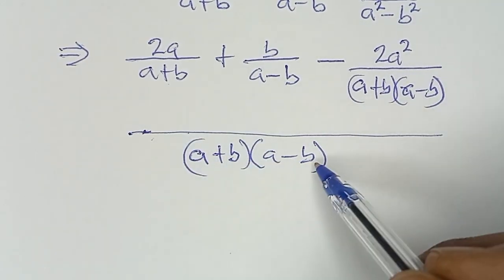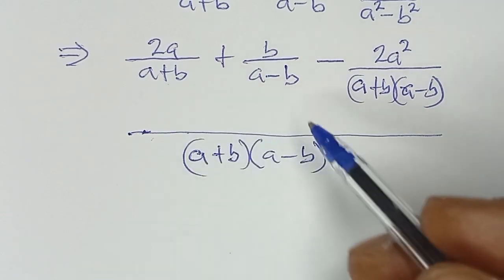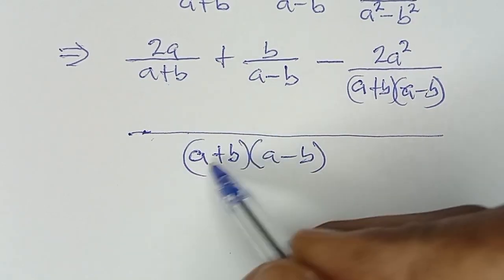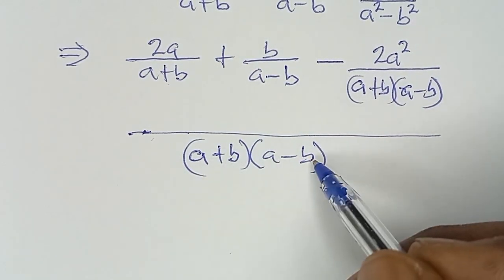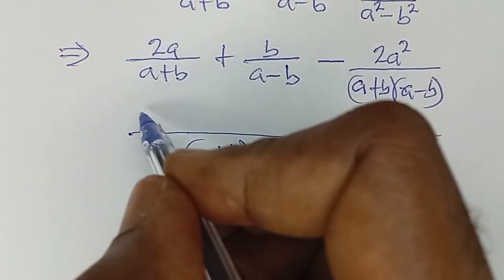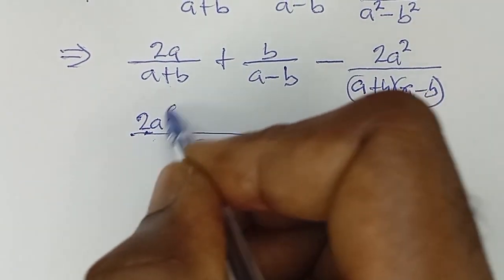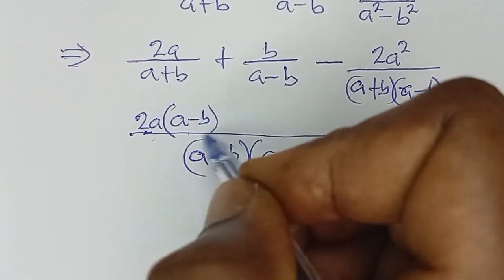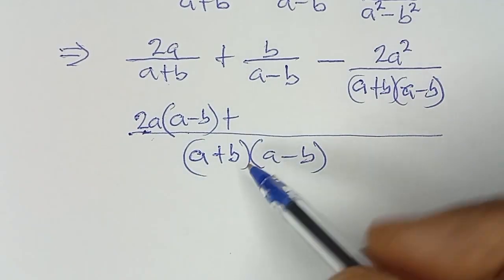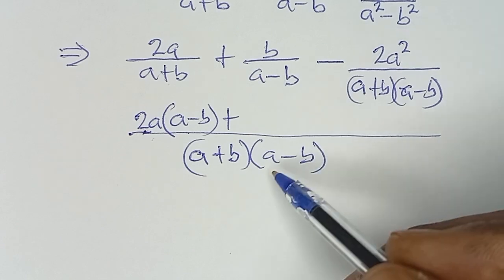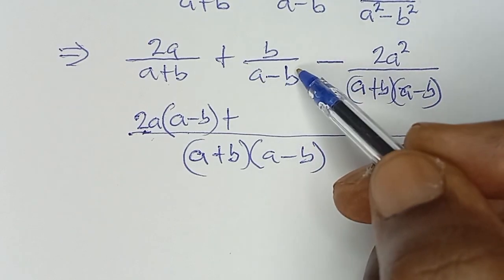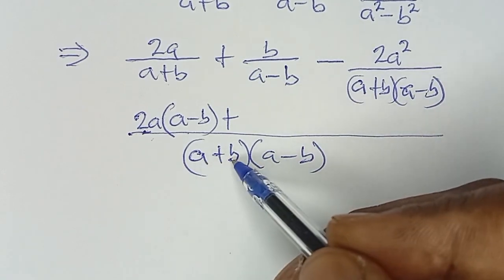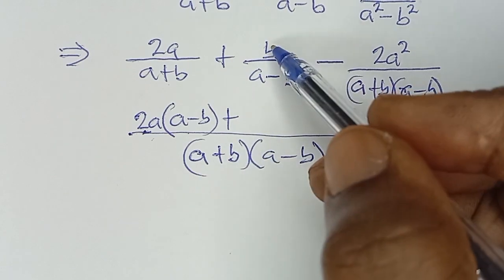So this divided by this, the a plus b will cancel a plus b, and we'll be left with a minus b. So multiply by 2a. So 2a multiplied by the a minus b that it gave us, and then plus this divided by this, the a minus b cancels a minus b, and we are left with a plus b, and then a plus b will multiply b.